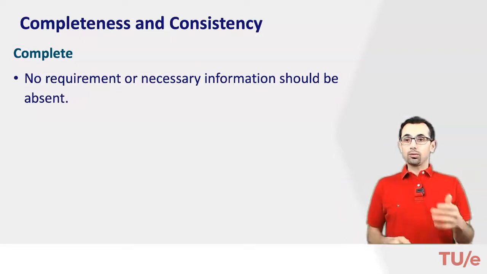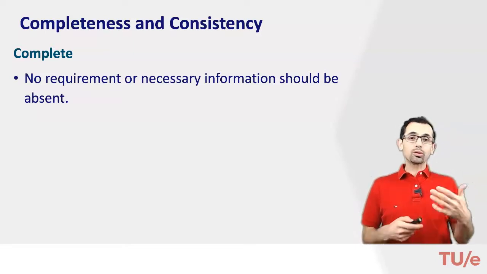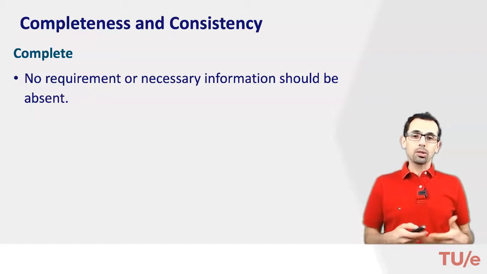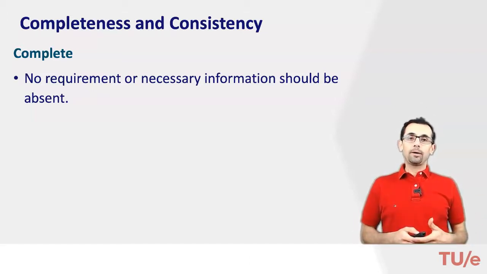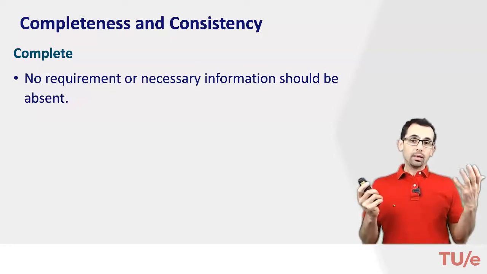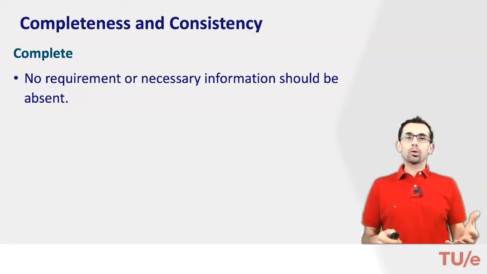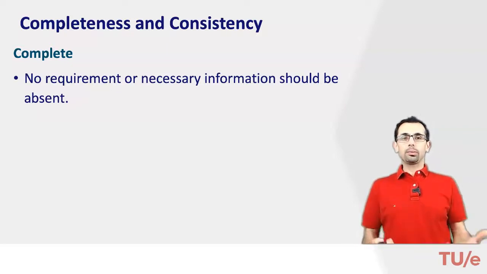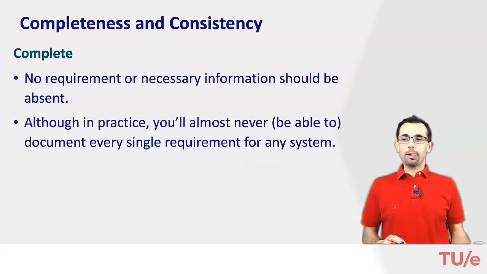Although in practice you will almost never be able to document every single requirement for any system, I must admit, there are almost always some assumed or implied or implicit requirements, but you still have to do your best about completeness.